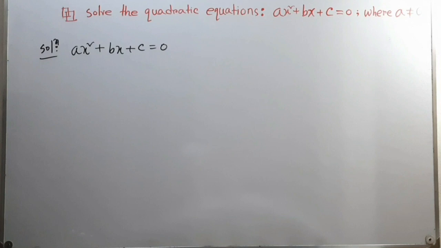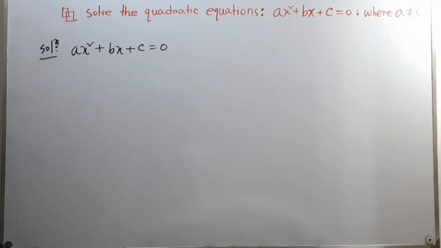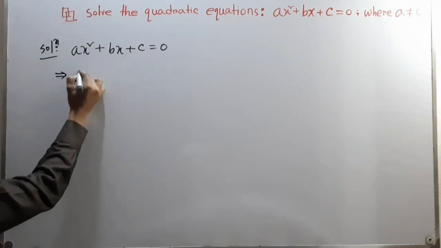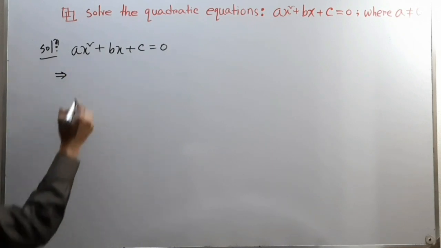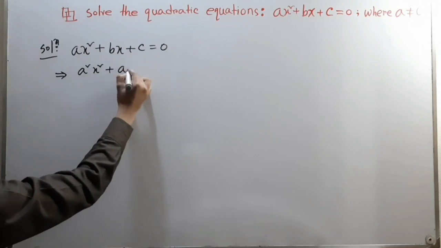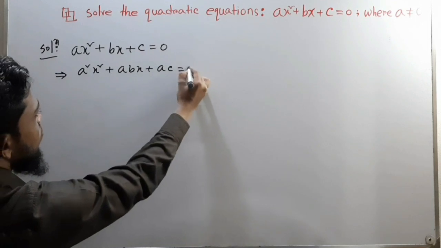Look, here ax square is present but a square is not present. So you have to multiply by a both sides of this equation. If we multiply by a, we can write a square x square plus abx plus ac is equal to 0.